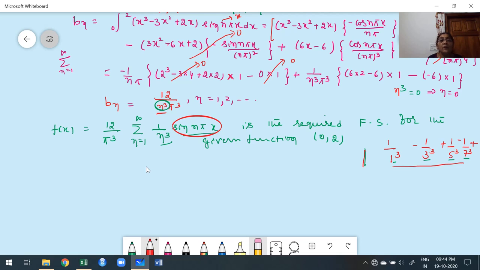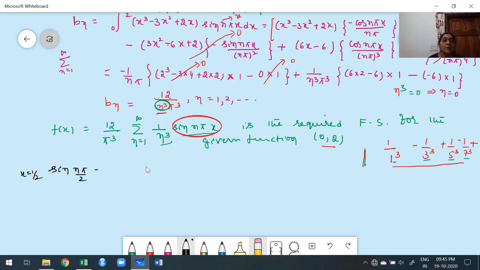Therefore, what is the value of x in the range 0 to 2? Observe carefully, it's one of the important things. I'm going to choose x is equal to half. Why am I choosing x is equal to half? We already discussed it in my third class of Fourier series. Once you put x is equal to half in n pi x, what do we get?